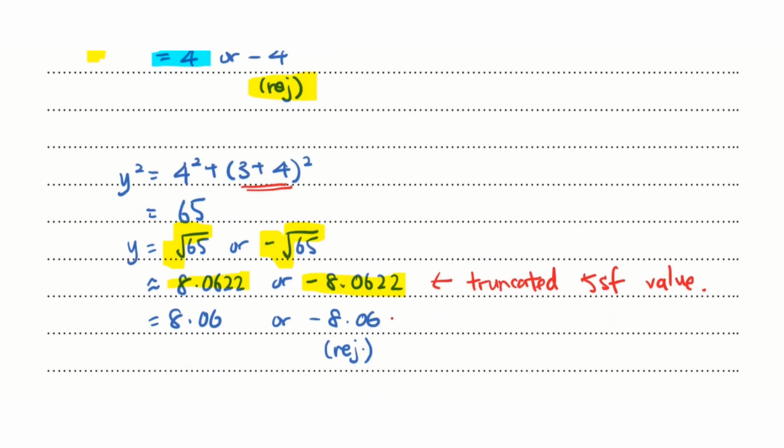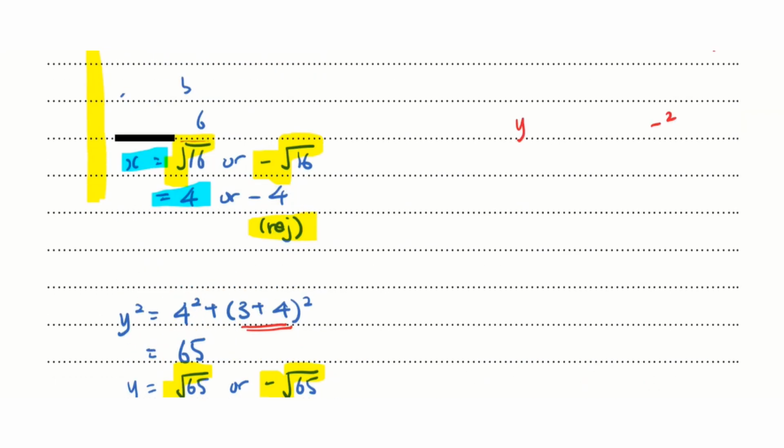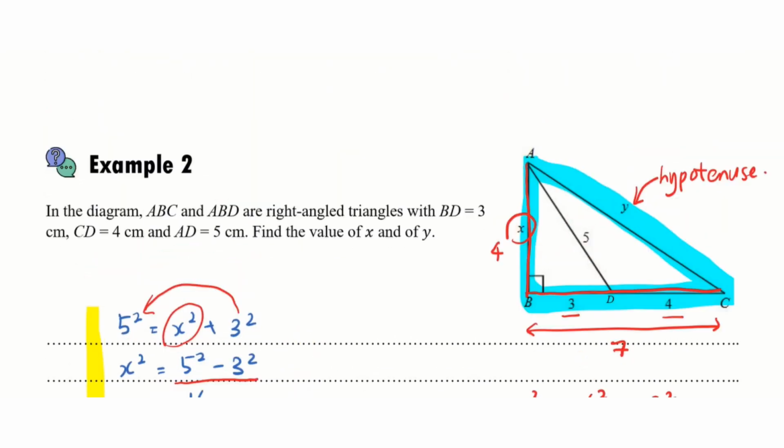So I will have 8.06 or negative 8.06. And I will have to reject the negative answer because length cannot be negative. I hope that with this you understand how to solve this question here.